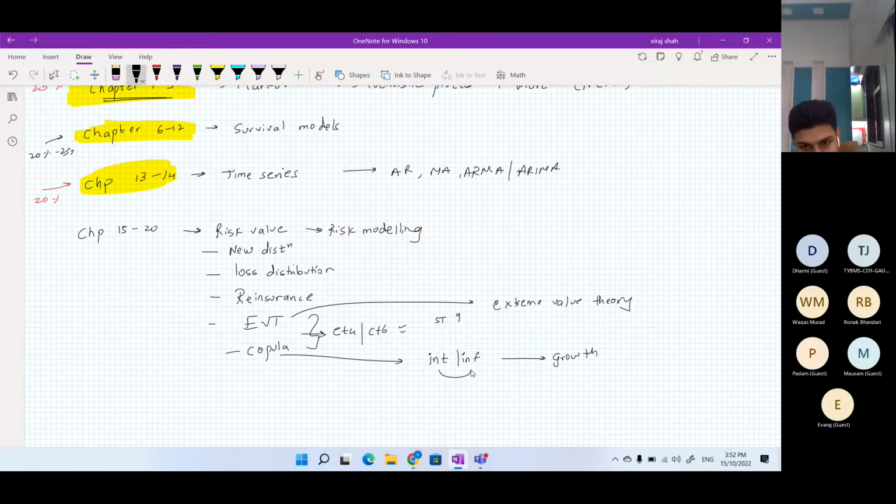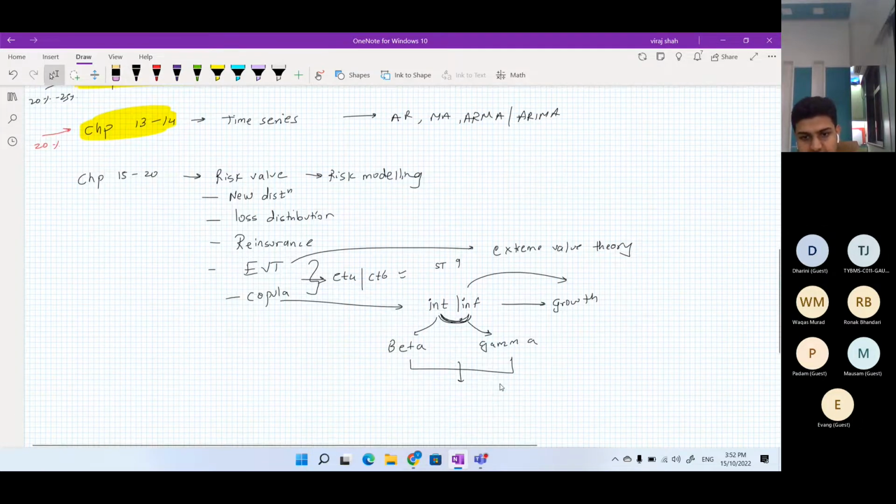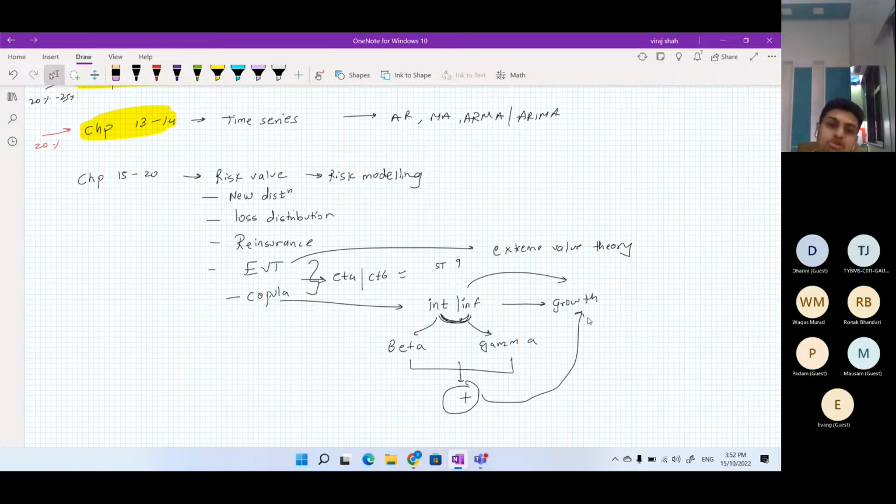Suppose one is modeled with a beta distribution and the other with a gamma distribution. Now I want to see the combined impact of both on the company, so how would I model it? Doing it separately and then finding correlation would be a lengthy process. Or else let's just make this one distribution, and we'll use that distribution for growth analysis. Copula. This is what copula is.